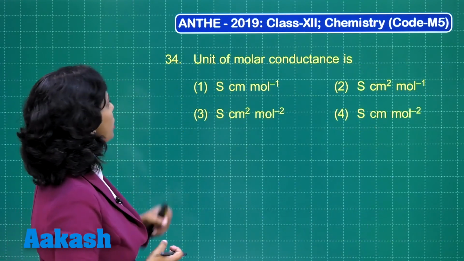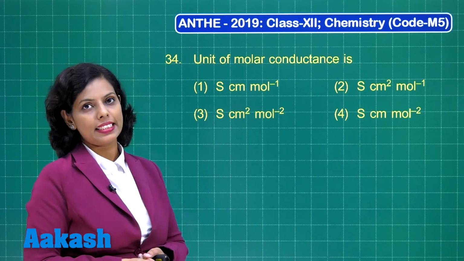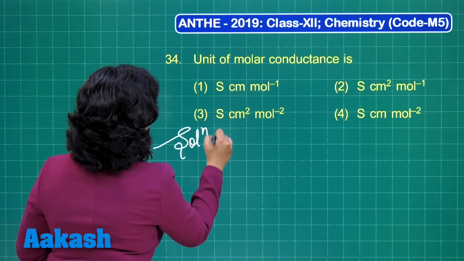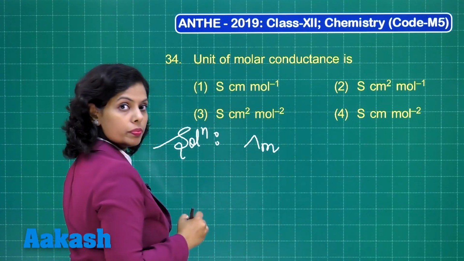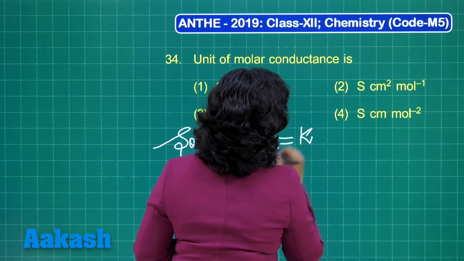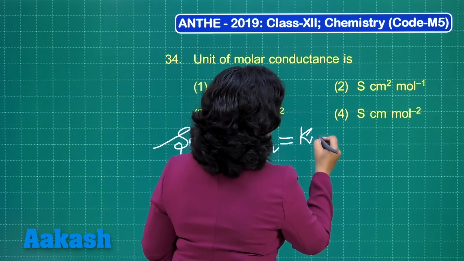Next is the turn for question number 34. We have this question given here on the board. Unit of molar conductance is, molar conductance, how is this represented? Lambda m, that is equal to kappa. This is specific conductance, and what is its unit?